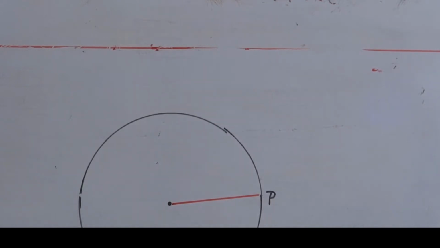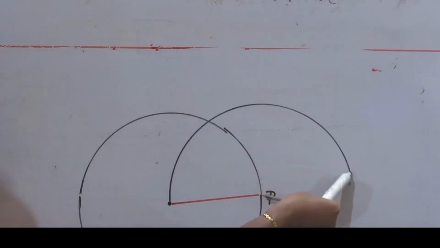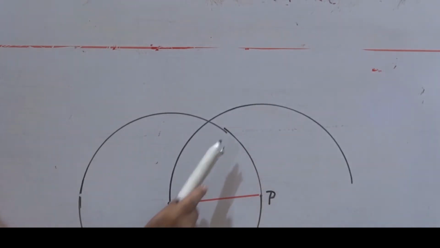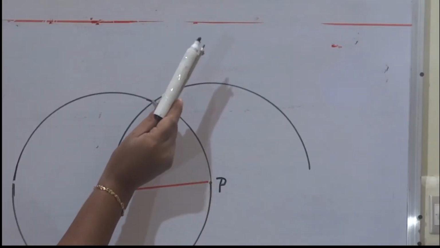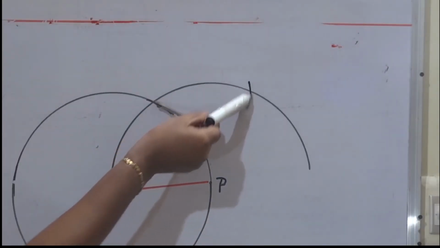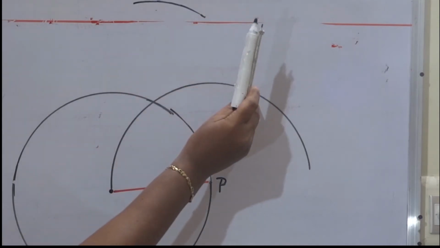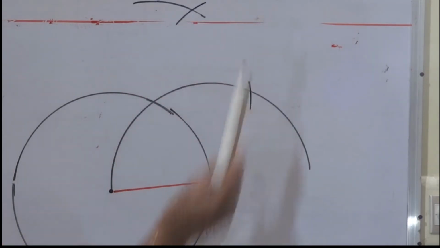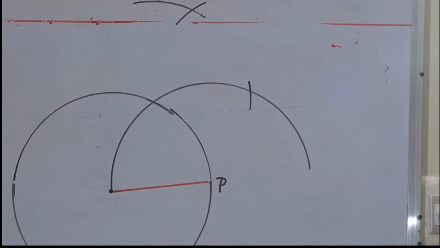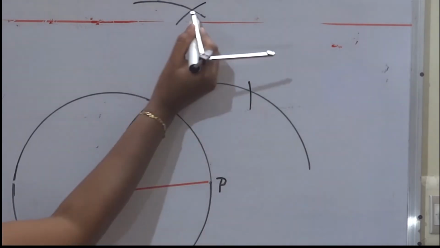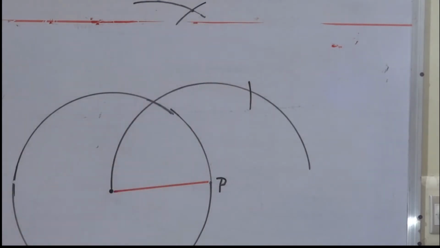Take the compass, make a semicircle keeping the needle at point P. This is our semicircle. Now make two more arcs like this. Now using these two arcs, make two more arcs. Let these two arcs intersect at a point. This is the point where two arcs are intersected.